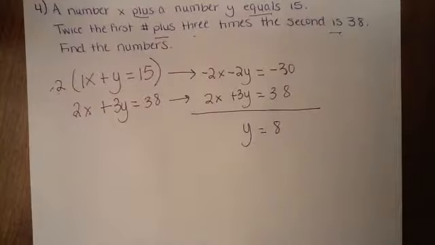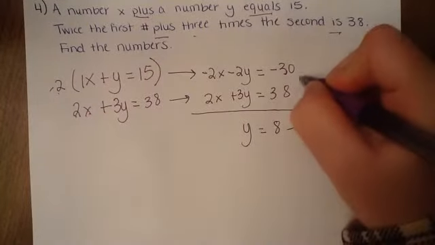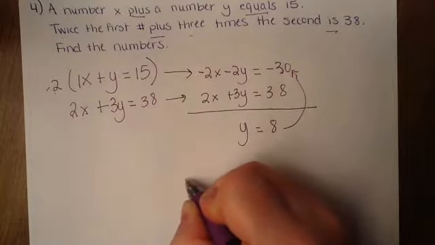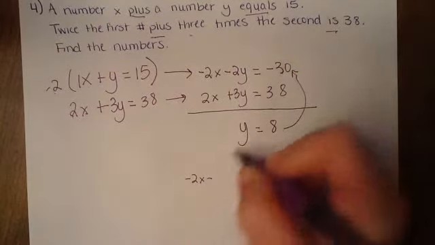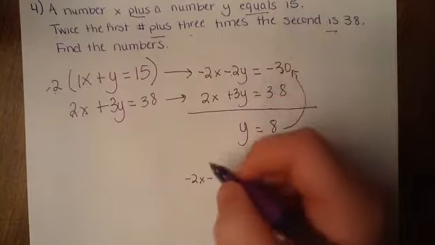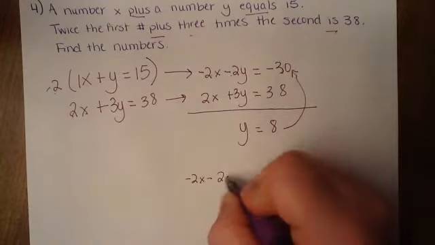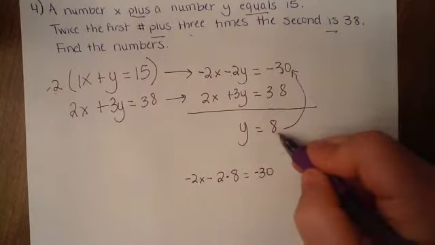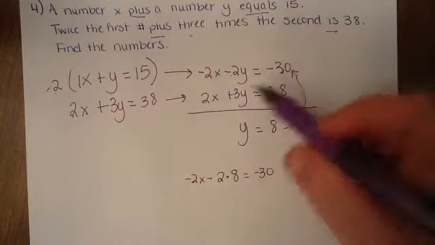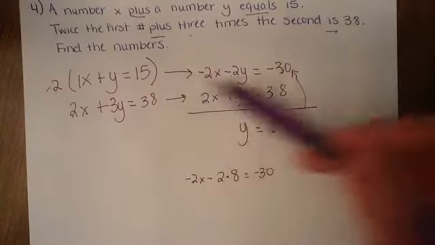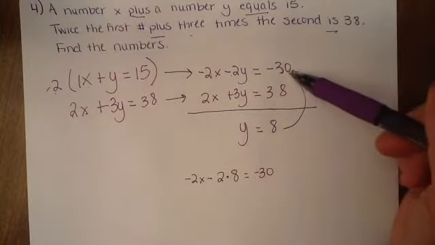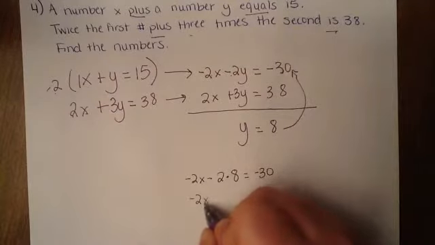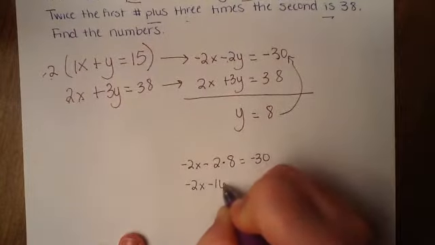Now all we need to do is solve, plug it back in. So I have negative 2x minus 2 times y, which is 8 now, equals negative 30. So take our 8, plug it back in. Again, it doesn't matter which one you plug it into. I just like to get in the habit of plugging it into the top. So I have negative 2x minus 16.